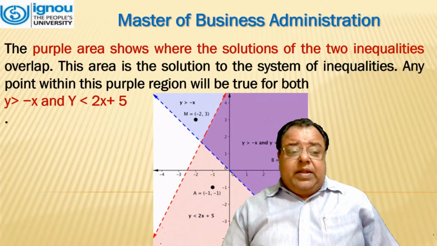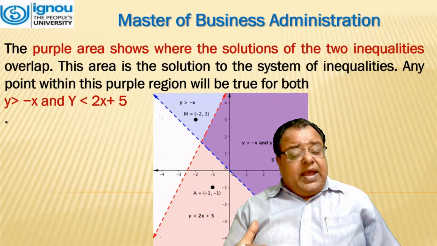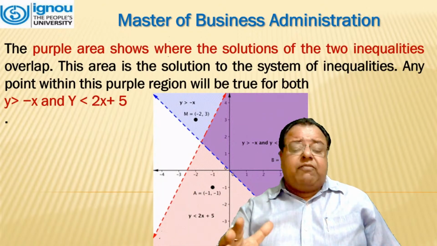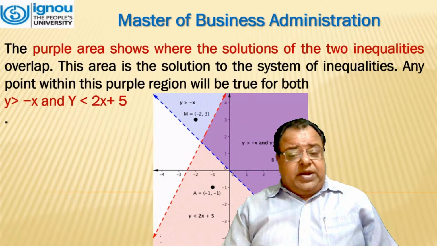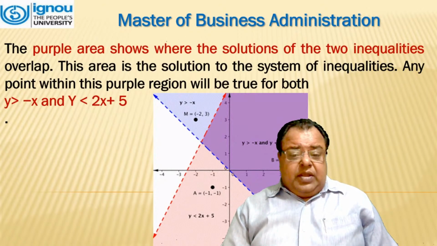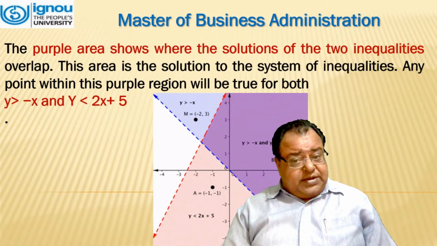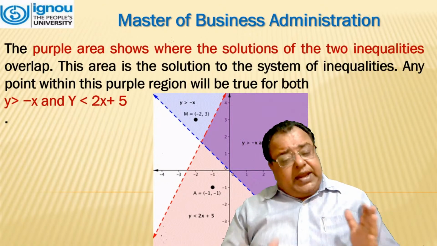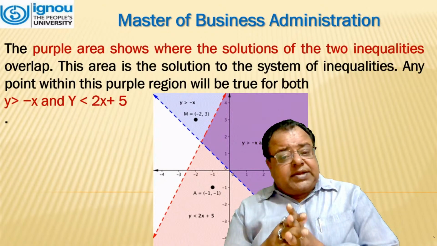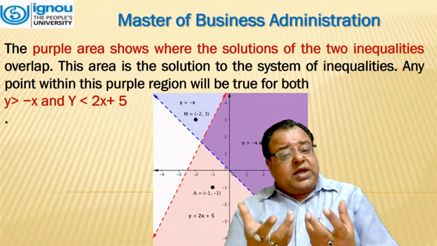And y is greater than minus x will be a line whose area will be away from the origin, on the first quadrant side. So the purple area is the area which is common to both the lines. Any point on the purple side can be treated as a common solution for both the equations.